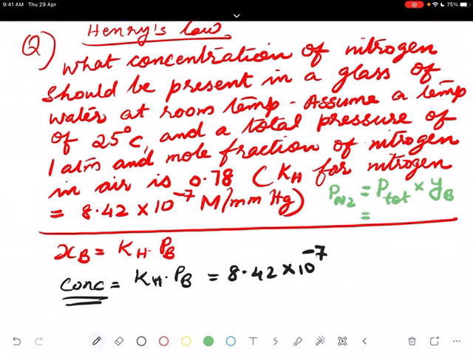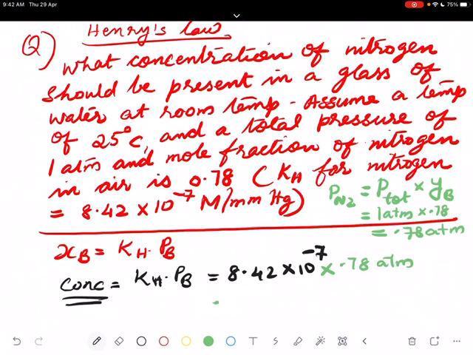What is P total? 1 atm. And what is the mole fraction of nitrogen in air, YB? That is equal to 0.78. So the partial pressure PB is 0.78 atmosphere. This value we will be writing here.